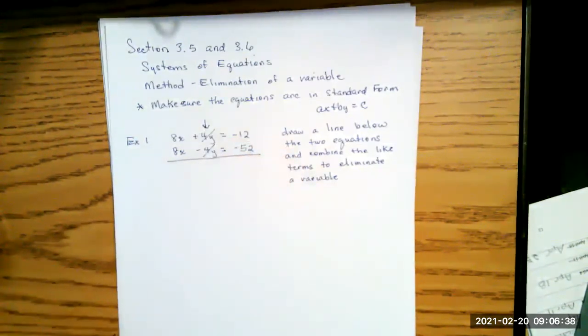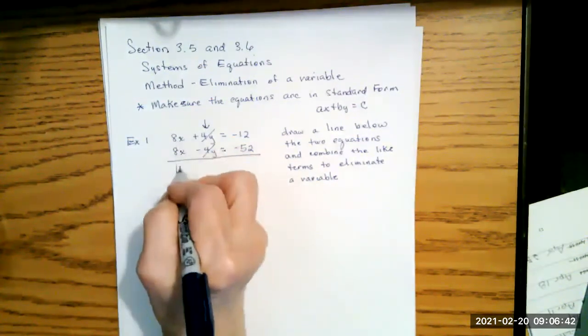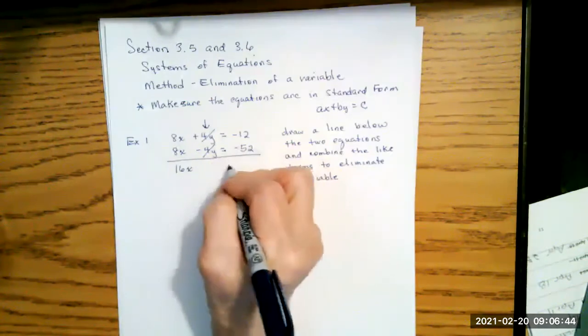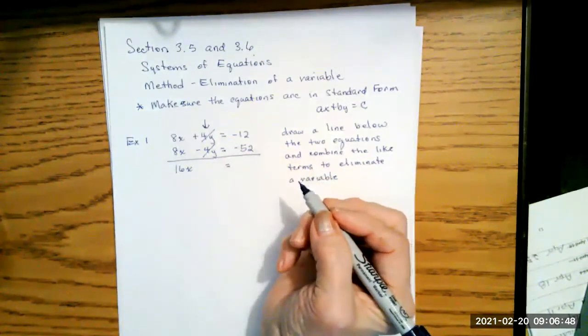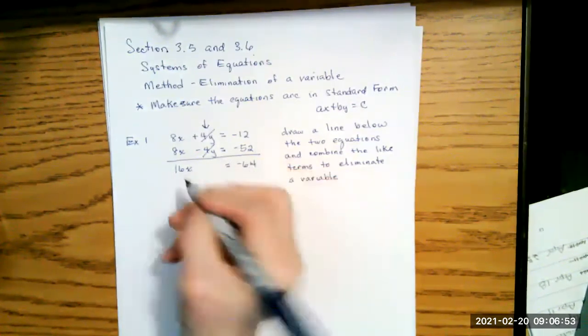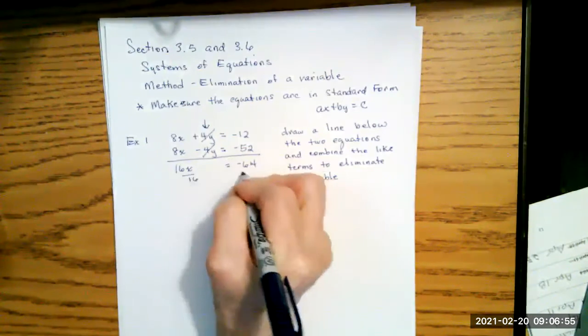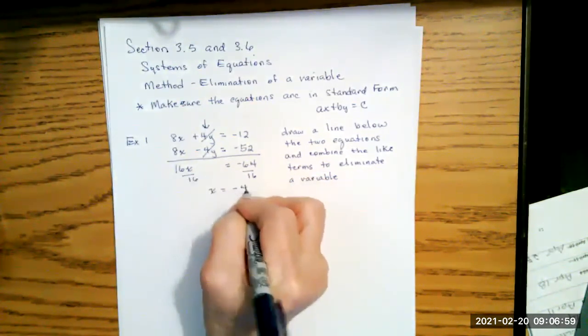They'll cancel out. So I just add my 8x and my 8x, which gives me 16x. And over here I'll have a negative 12 and a negative 52, and that gives me a negative 64. Now I divide both sides by 16, so I end up with x equals negative 4.